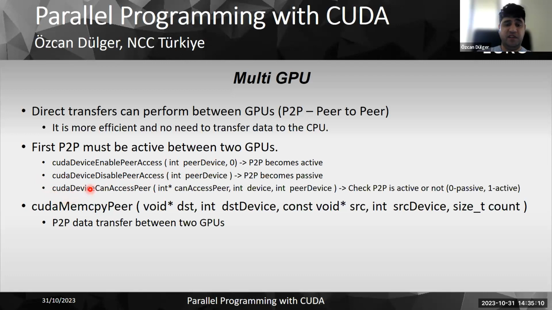And also we can check whether there is a peer-to-peer communication between two different GPUs by using the cudaDeviceCanAccessPeer instruction. And we can copy the data between two GPUs by using peer-to-peer communication. We can use the cudaMemcpyPeer instruction.